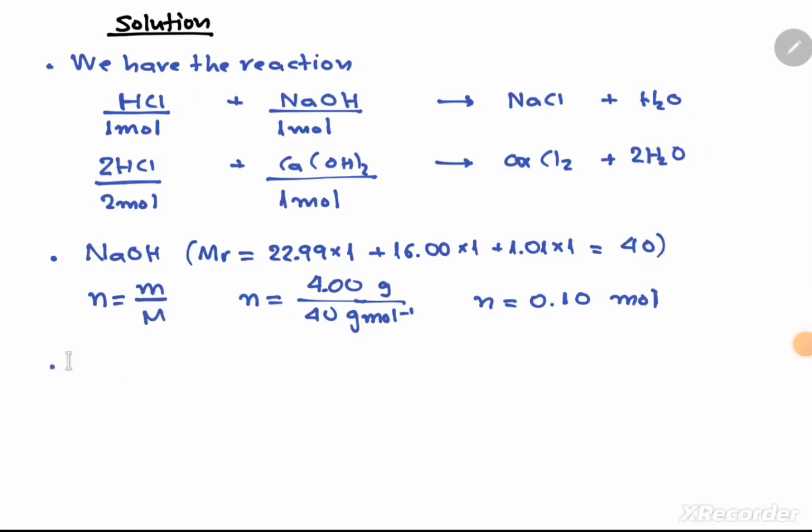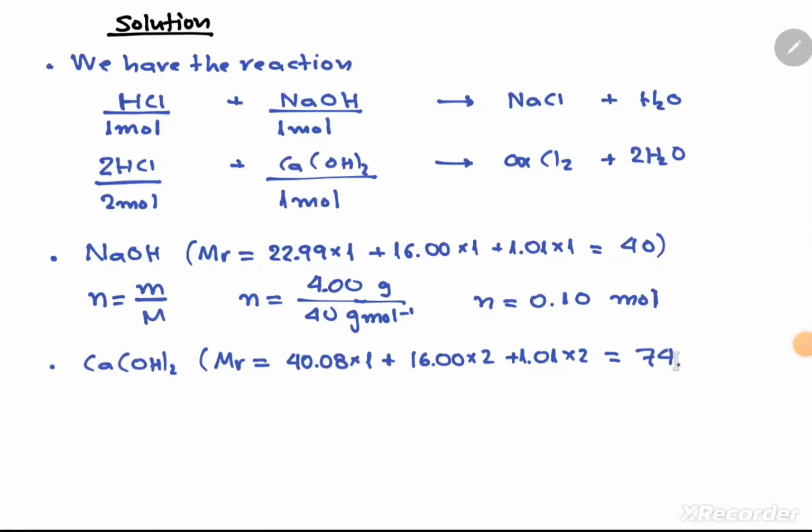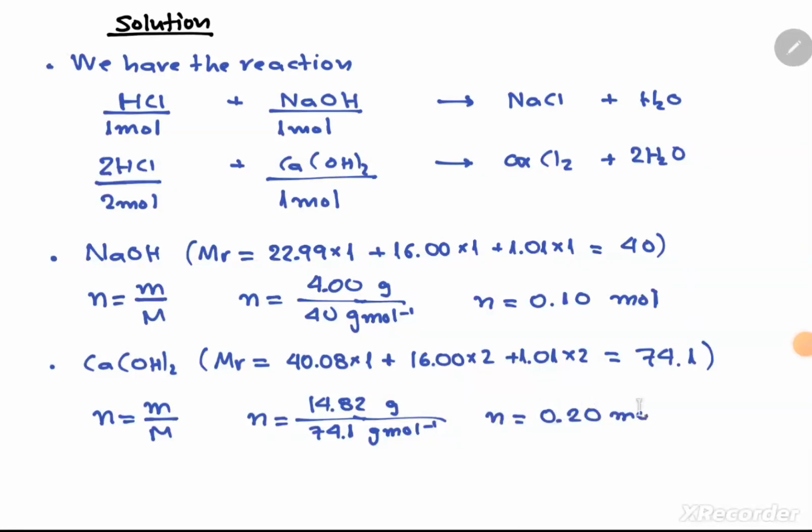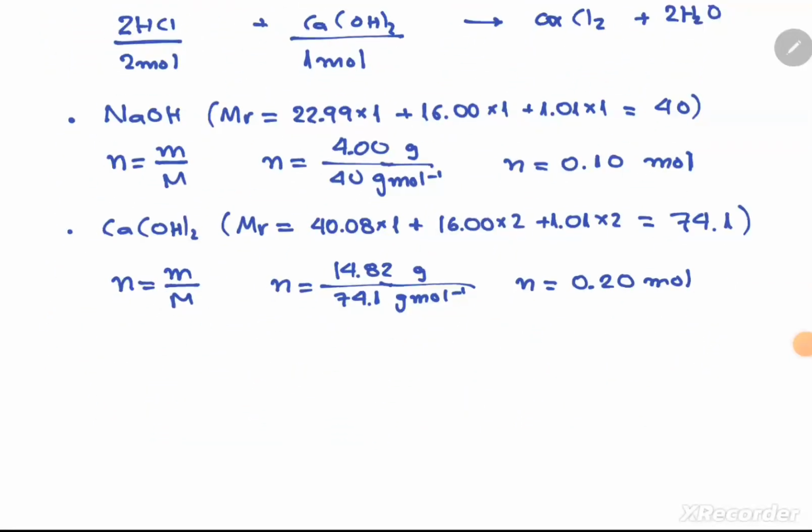The same with calcium hydroxide, Mr is equal 74.1, and we find in the same way the number of mole. So we have 0.2 mole calcium hydroxide.